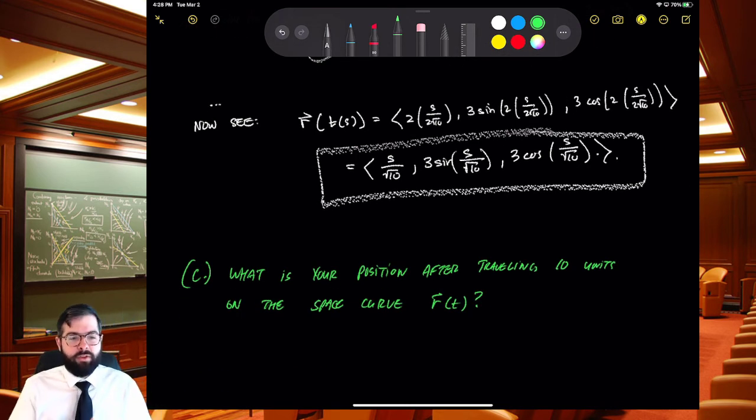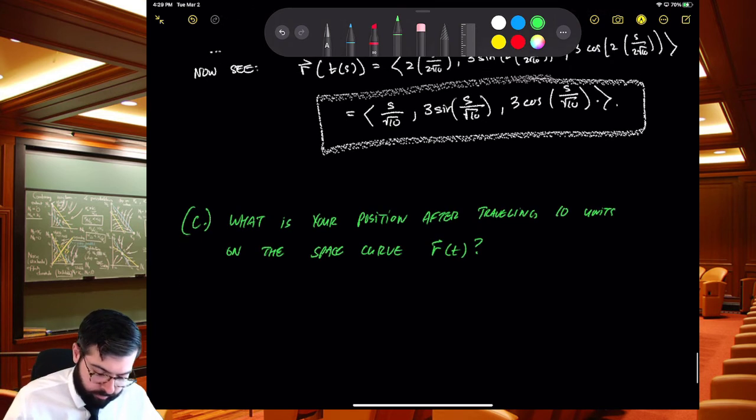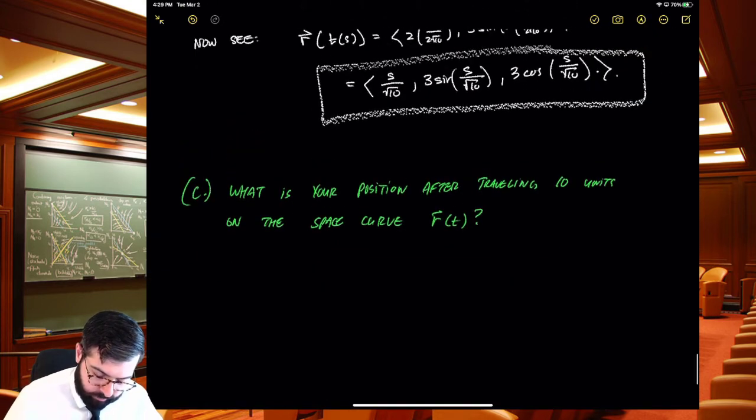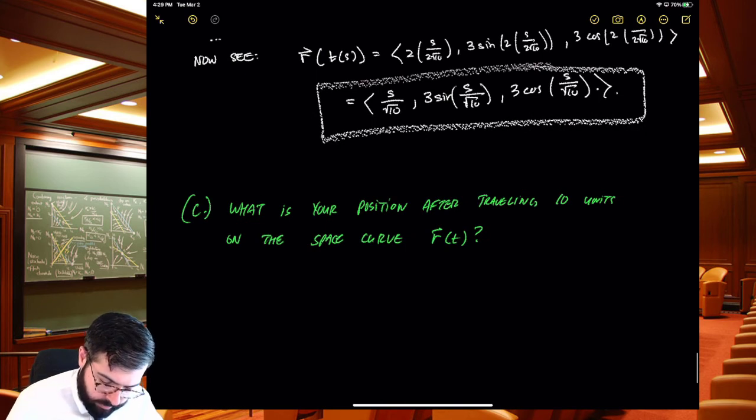So my next question is, what is your position after traveling 10 units along the space curve r? So root 10, 3 sine root 10, 3 cosine root 10. Right.